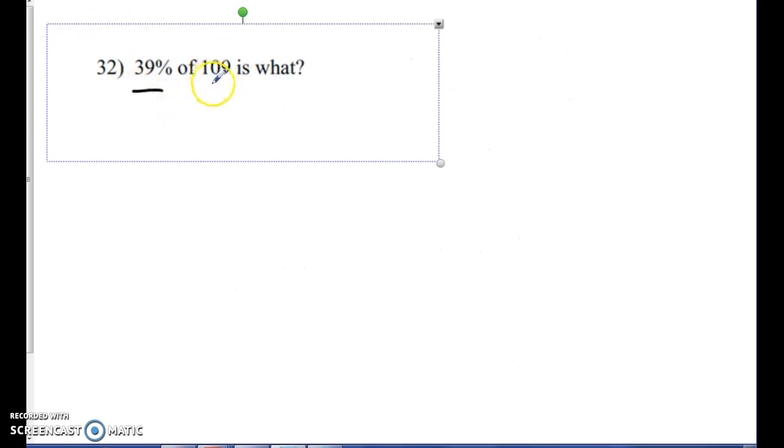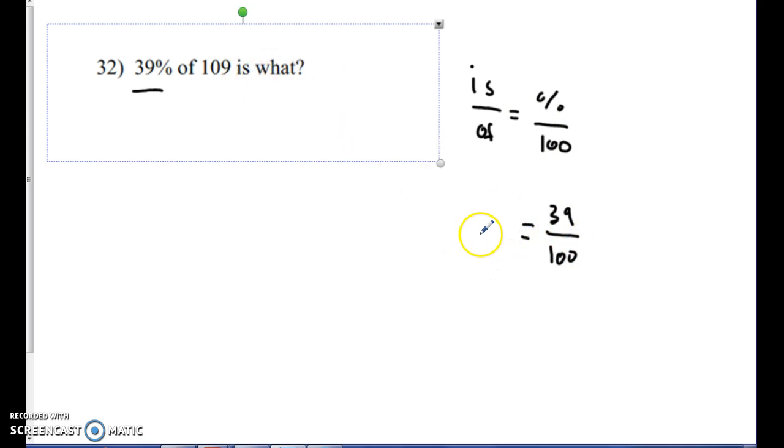39% of 109 is what? We do not know the is. Is over of equals percent over 100. So I know my percent is 39 over 100 of 109. Is I do not know. So that's a big question mark. Is what?